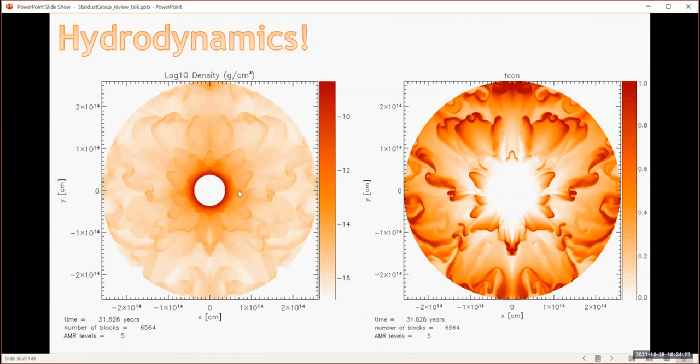But this has an interesting effect because nucleation of dust grains, that is the formation of the dust grains, is going to be strongly dependent on the density of the gas. And so what you can see is this then translates to a fractional condensation. So how much condensation happens really depends on how dense it is.